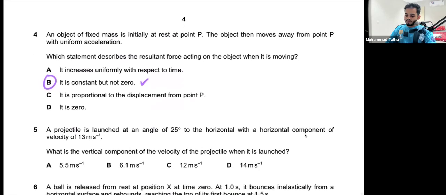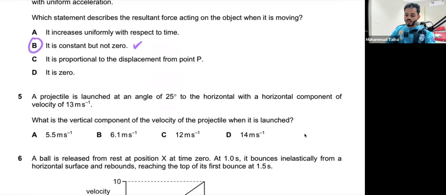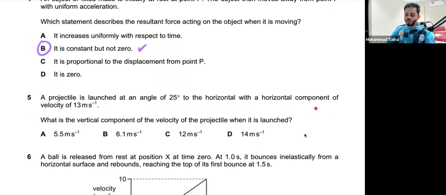Question number 5. A projectile is launched at an angle of 25 degrees to the horizontal with a horizontal component of 13 meters per second. All right, so do make sure that you understand what is written here, just because the diagram is missing. So it tells you this, that if this is the path an object takes, like this, if this is the projectile motion, so it's given you that it's launched here.